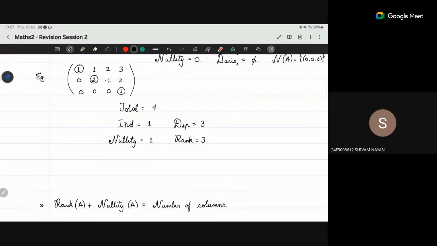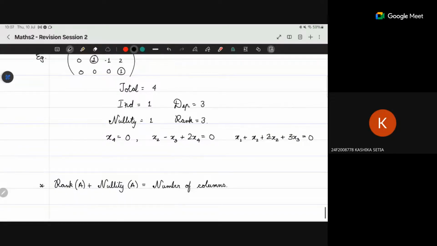So what does it mean to say something is dependent and something is independent? Dependent can be expressed as a linear combination of independents. So in this case, you have x4 is equal to 0. You have x2 minus x3 plus 2x4 is equal to 0. And x1 plus x2, I've written it in the reverse order, but it's all right, is equal to 0.